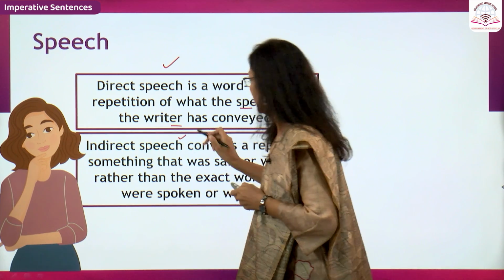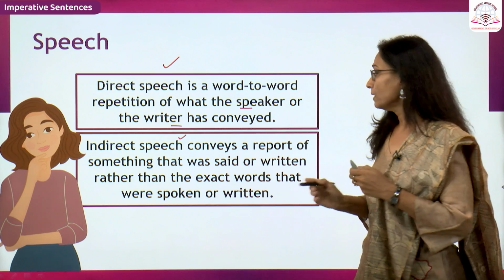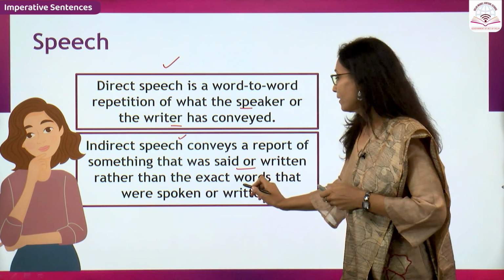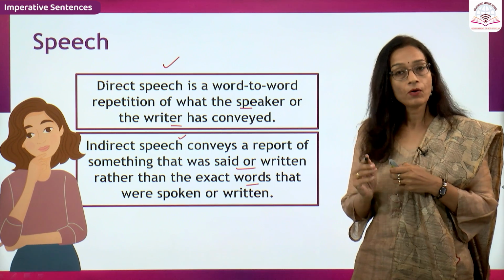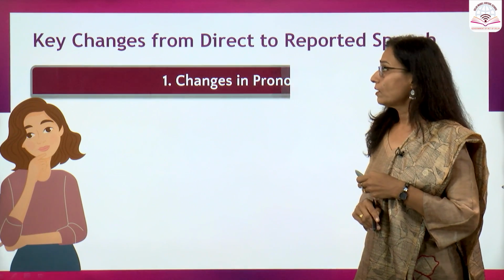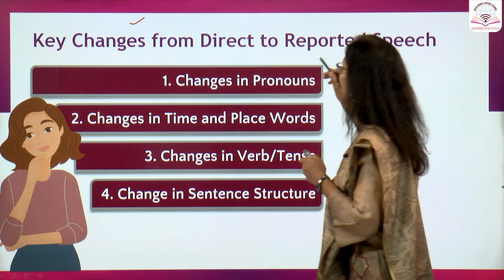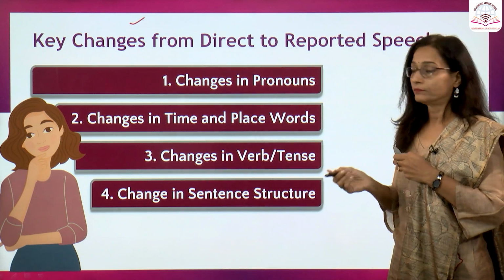Indirect speech conveys a report of something that was said or written rather than the exact words that were spoken or written. Now, let us take a look at some of the key changes from direct to reported speech.